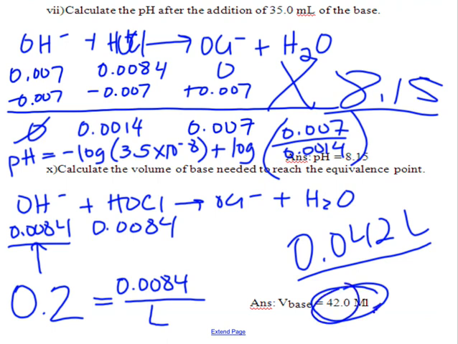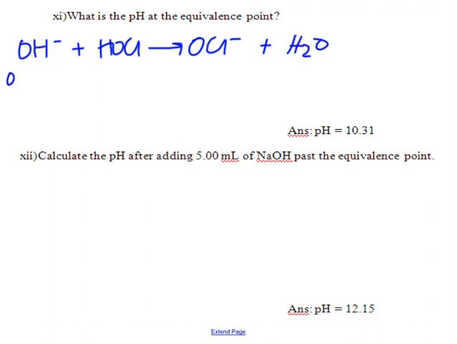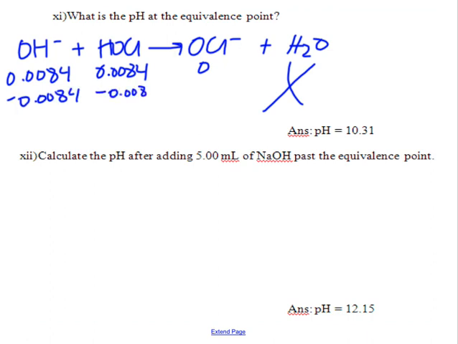All right, big deal. What does that have to do with the pH? Well, let's go ahead and calculate the pH at the equivalence point. And this is why you can't get to 0, because here we have 0.0084. Because we're at the equivalence point, that's the same. We're going to lose 0.0084, but this time gain something that does contribute to pH, which is that conjugate base.